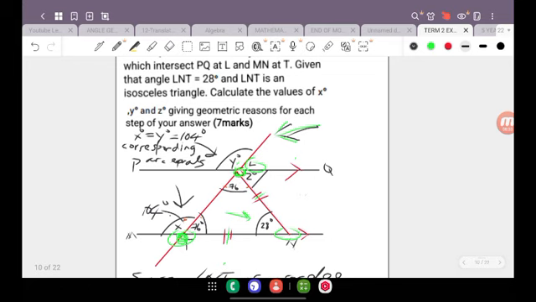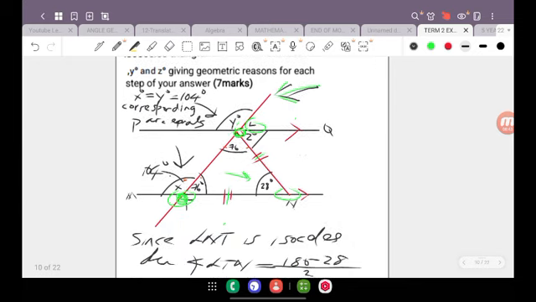Now, the more angles that we calculate on the same diagram, the easier it is for us to find any other angles that they might ask us for. To find angle Z, it's pretty straightforward, because if you look very closely at angle Z and compare it with the angle 28 degrees, notice that it forms what I call a Z angle right here.